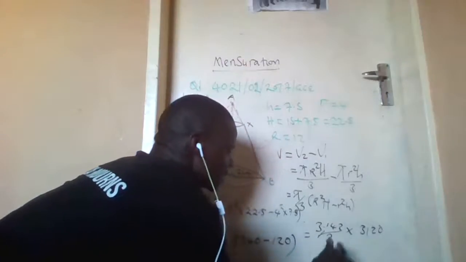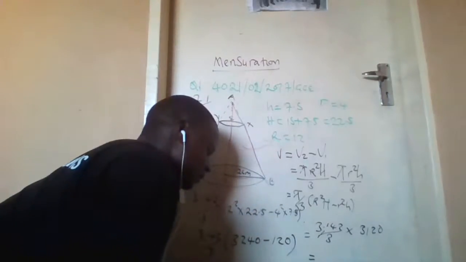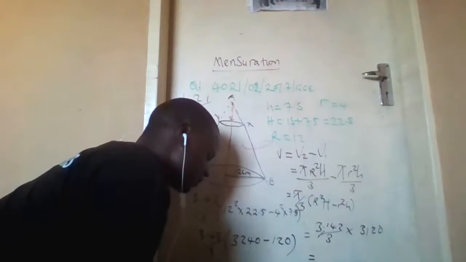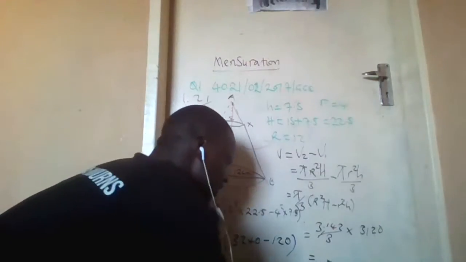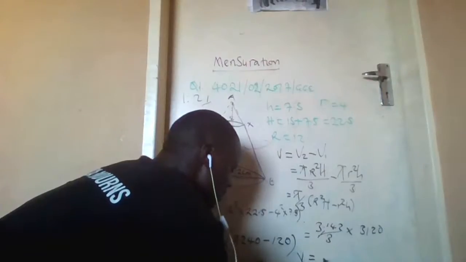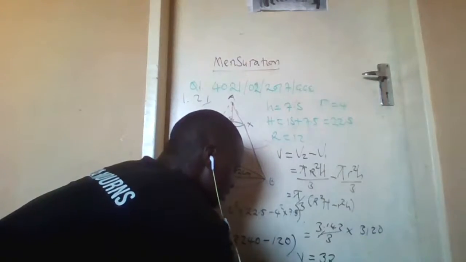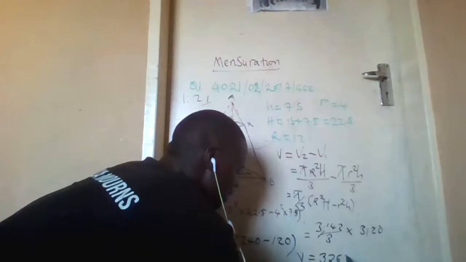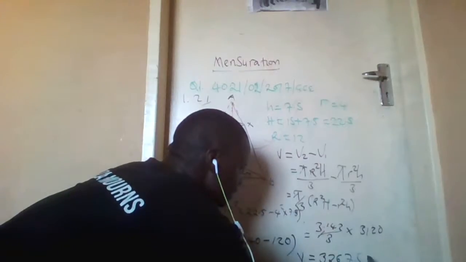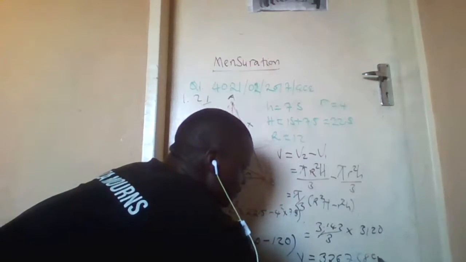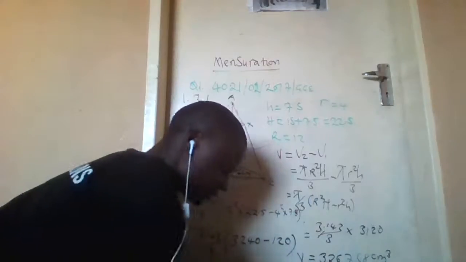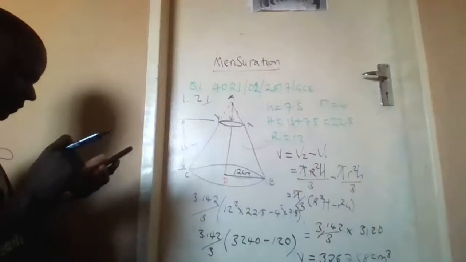When you multiply this and divide by 3, you get 3.142 times 3120 divided by 3, so the volume of the cone is 3267.68 cubic centimeters.